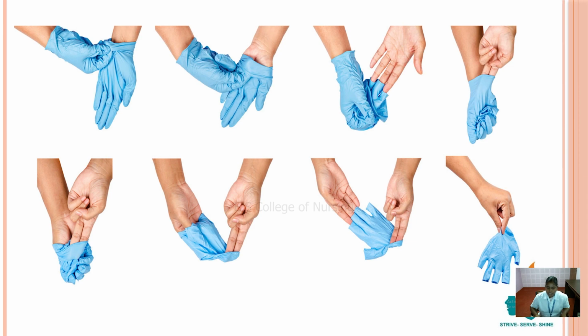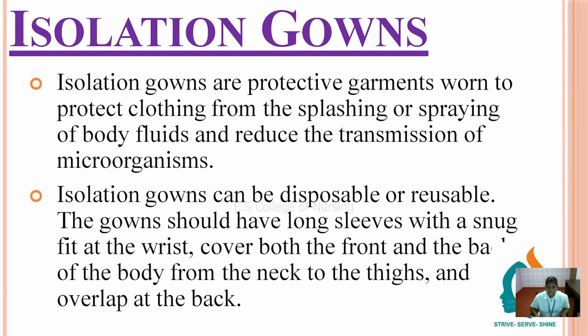Put your fingers inside the glove at the top of your wrist and peel off the second glove. Next, turn the second glove inside out while pulling it away from your body, leaving the first glove inside the second. After this we dispose of the gloves. Do not reuse the gloves. Perform hand hygiene immediately after removing the gloves. So the next one is isolation gowns.